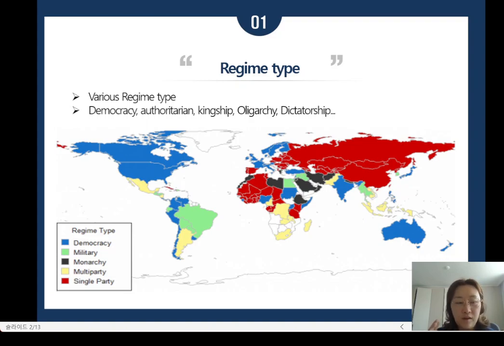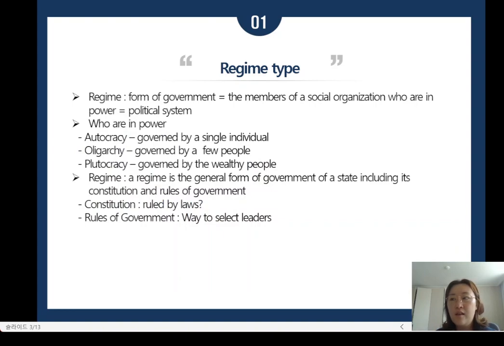Most countries are democracies, or they at least claim to be democracies. The regime is a form of government, so democracy is one of the regime types. So we have a single party regime, dictatorships. They are all authoritarian. So we call this a regime. A regime is a form of government. So there are different forms of government in the world.